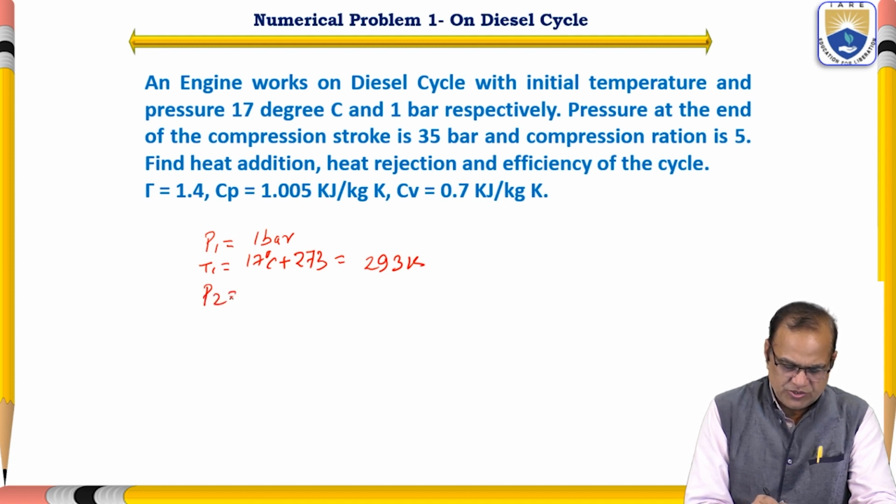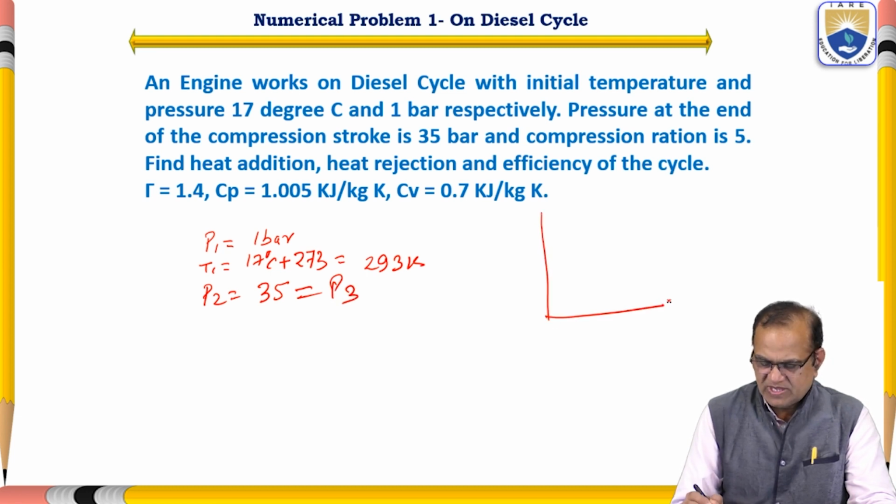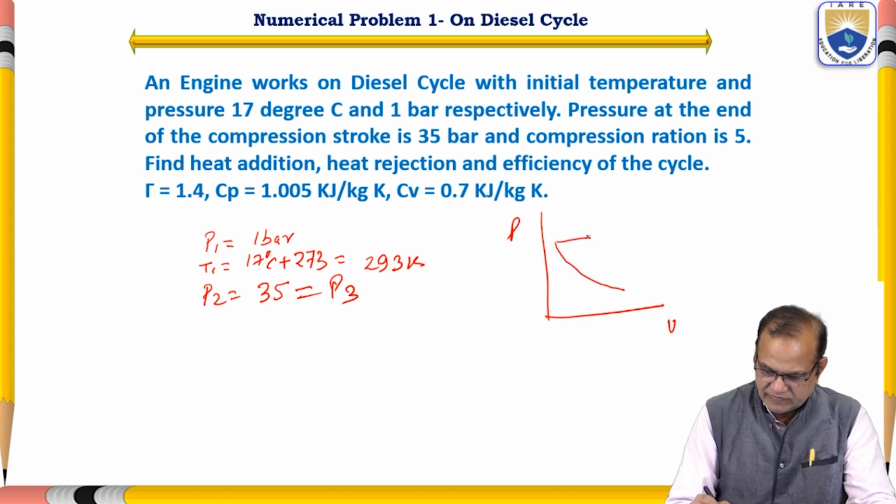So P2 is equal to 35 and this is equal to P3, because if you see the PV diagram of a diesel cycle, 1, 2, 3 and 4, P2 is equal to P3.